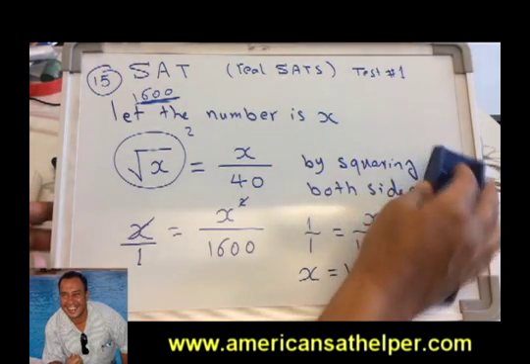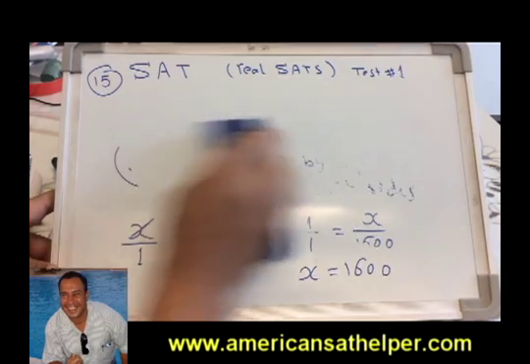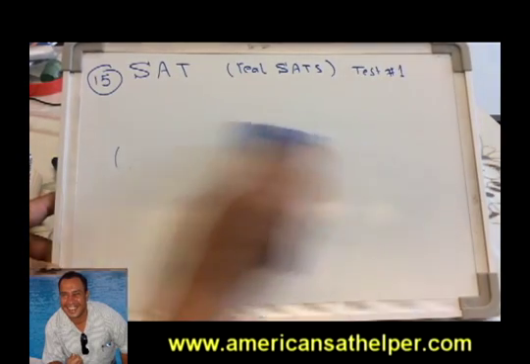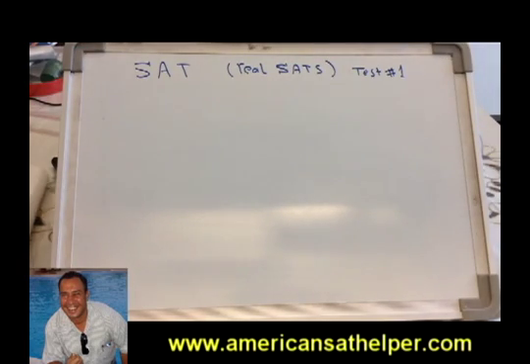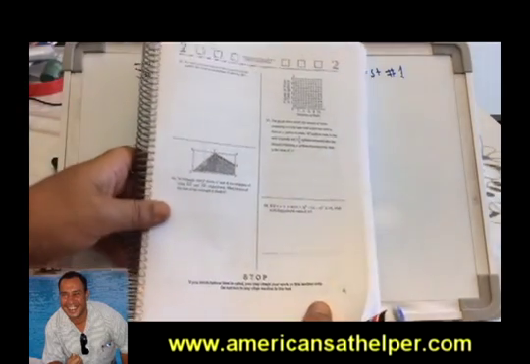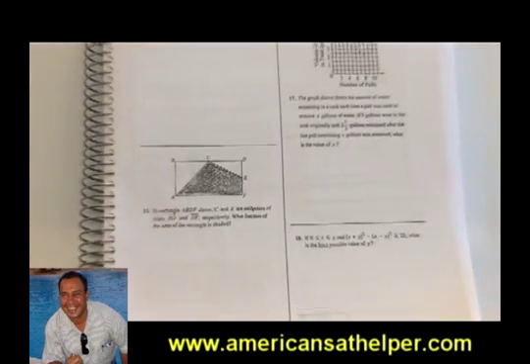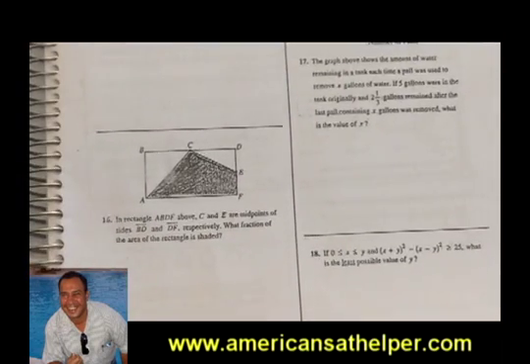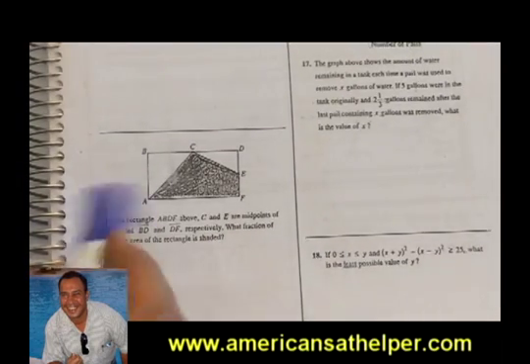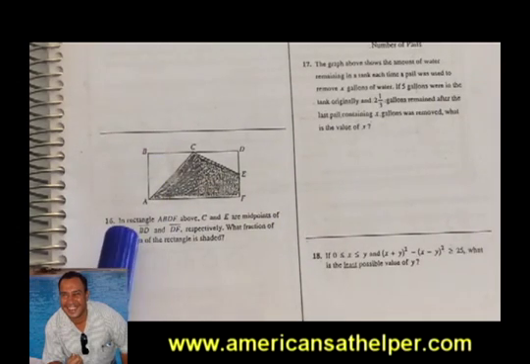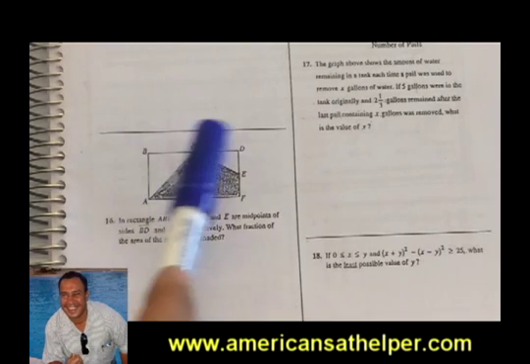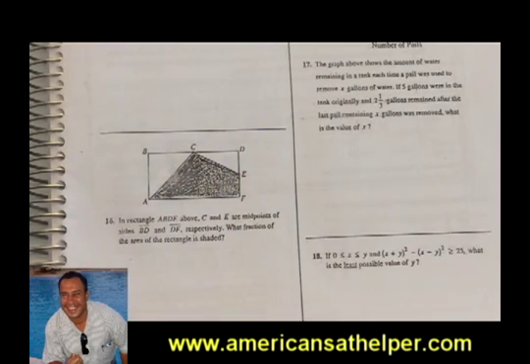Let's look at problem number 16. As you can see in the problem, we have a figure, and the problem states in the rectangle ABDF, C and E are midpoints.